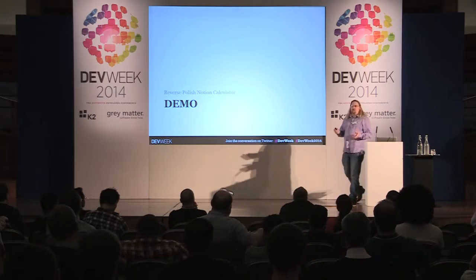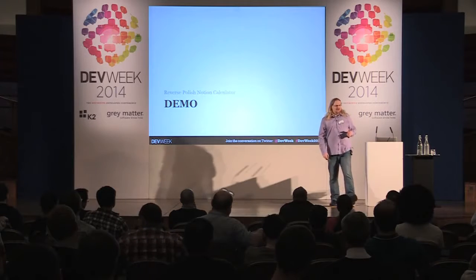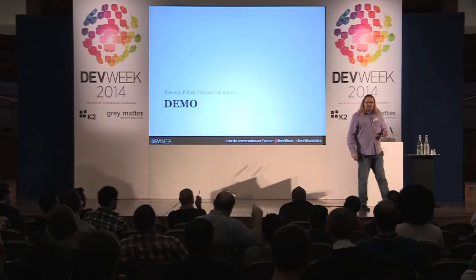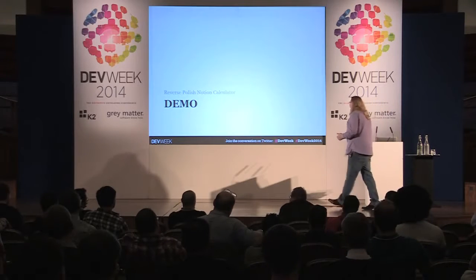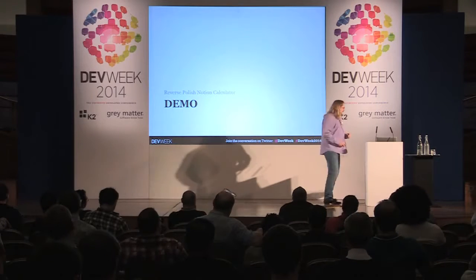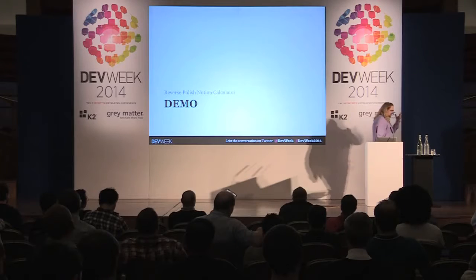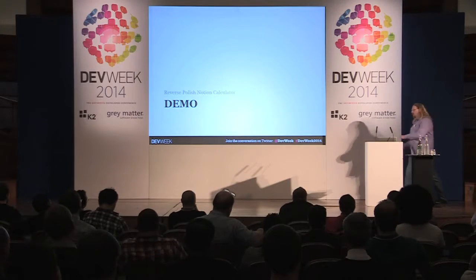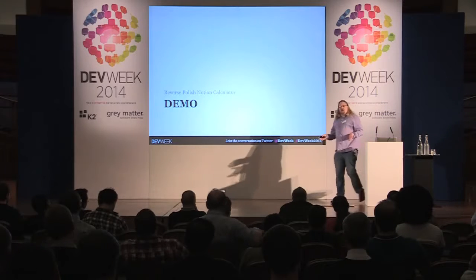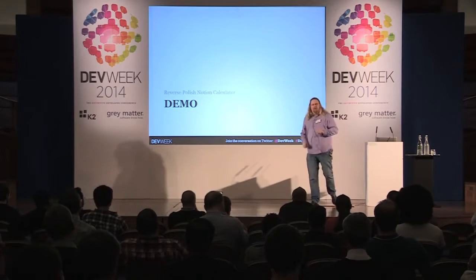How many people know what reverse Polish notation is? How many people don't know what it is? Okay. So this is a way of writing mathematical statements in what's called a postfix form. So we're used to writing 2 plus 2.